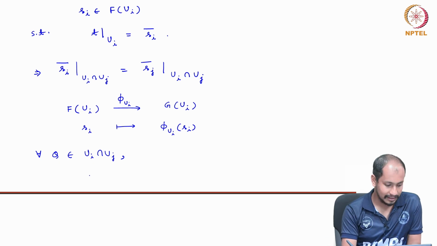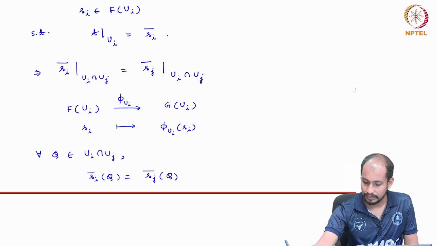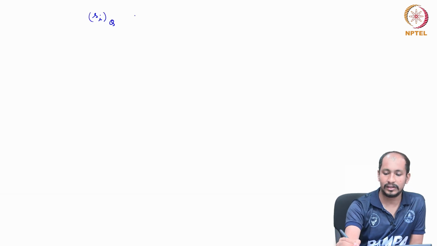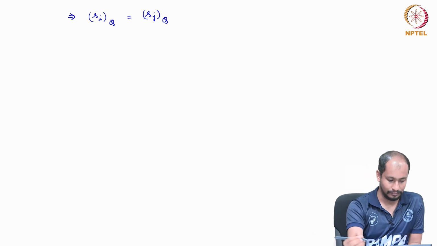So it says that si bar at q is equal to sj bar at q. Now, this is nothing but the germ of si at q, and this is the germ of sj at q. So, these are the same.